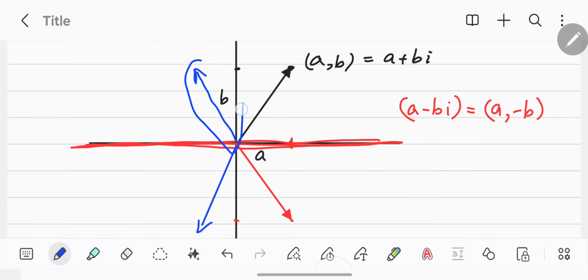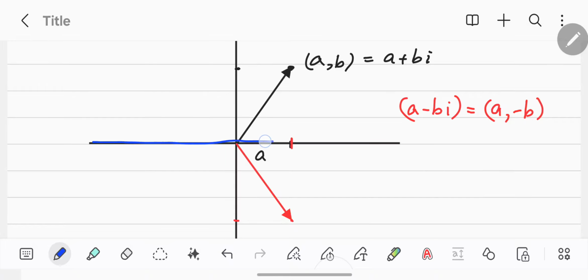Just the same magnitude and the same angle, okay? In this way we can write the conjugate of a complex number, by just taking the reflection along this mirror. If this is the mirror, just write the same thing but on the opposite side. So this is the geometric interpretation.